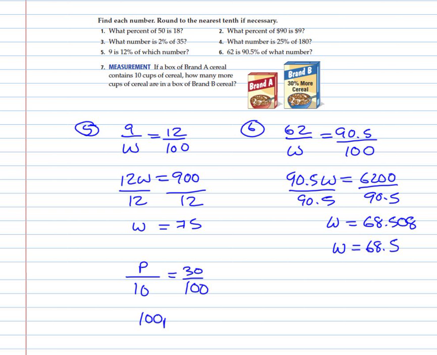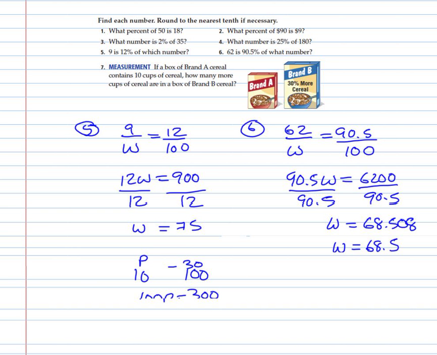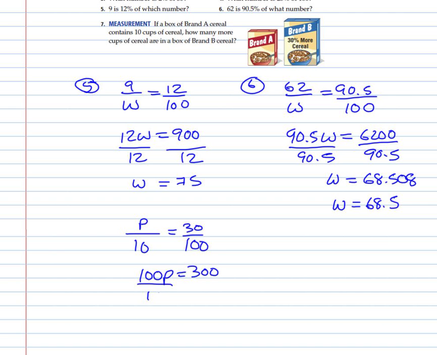So my cross products are 100P equals 300. Divide both sides of my equation by 100, and P equals 3. So there's 3 more cups in box B.